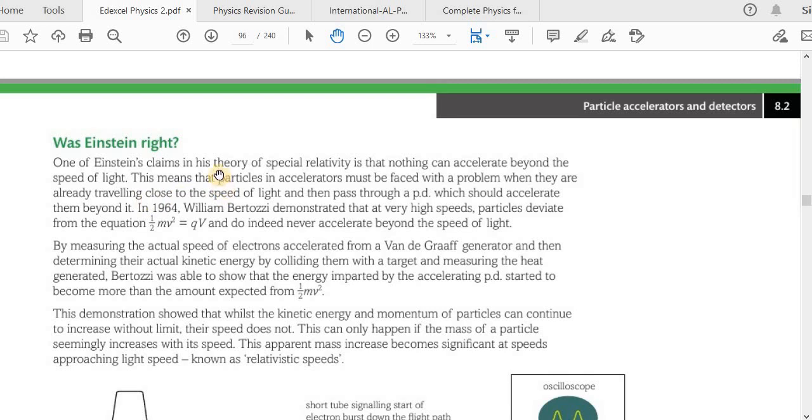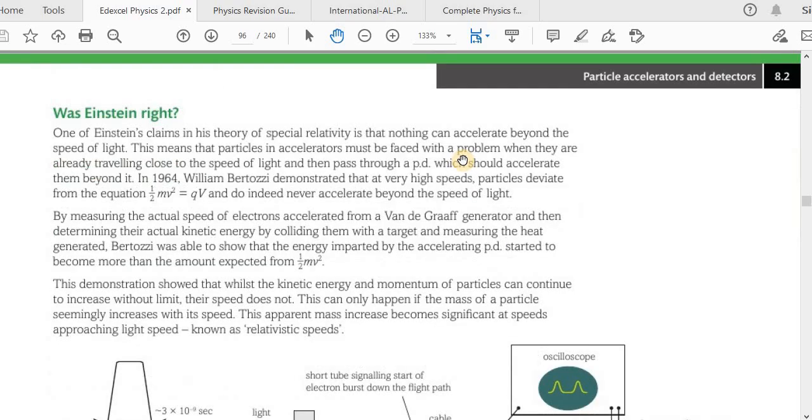So Einstein said nothing can accelerate beyond the speed of light. So if you are trying to accelerate with this kind of machine, when they are already traveling too close to the speed of light and then pass through a potential difference which should accelerate beyond it, then we can face some problems.